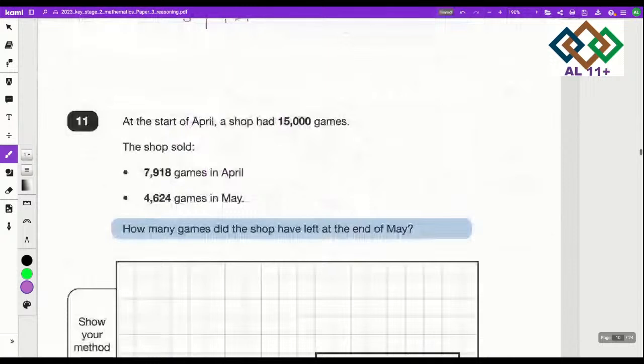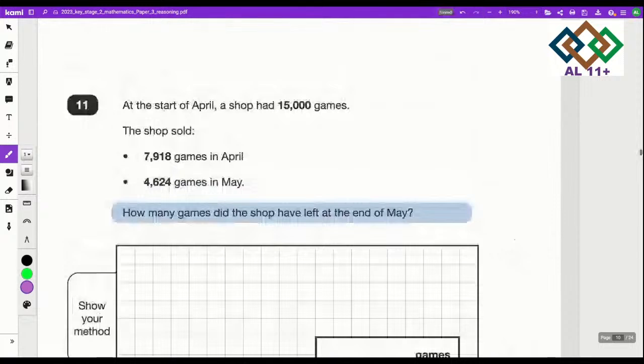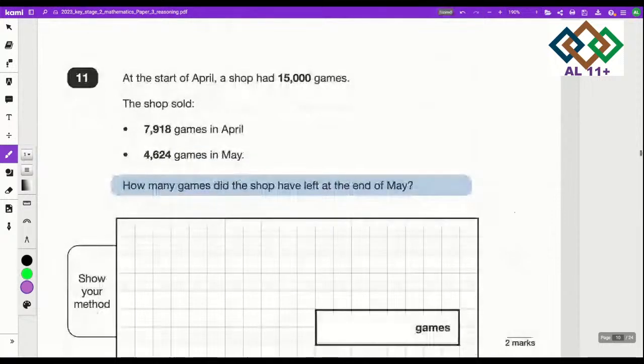Now you have number 11. In this, they are saying at the start of April, a shop had 15,000 games. The shop sold 7918 games in April and 4624 games in May. How many games did the shop have left at the end of May? So firstly, you are just going to add 7918 plus 4624.